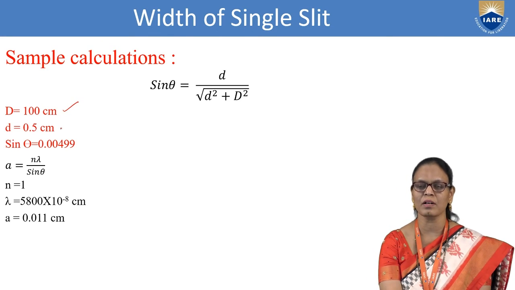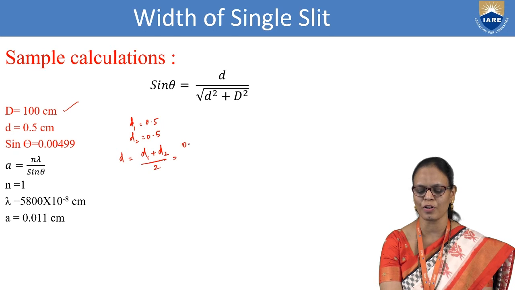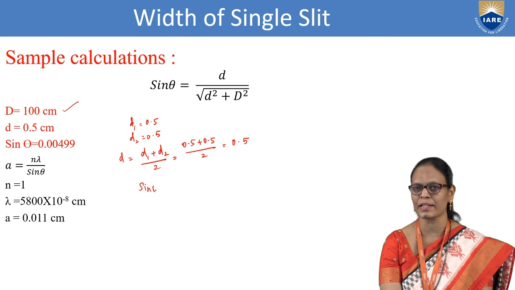For D is equal to 100, we have d1 as 0.5 and d2 as 0.5. So the average value of d is (d1 plus d2) by 2. We get (0.5 plus 0.5) by 2. It is obvious, so it is 0.5. Once you get the value of d, we are going to calculate the value of sine theta.